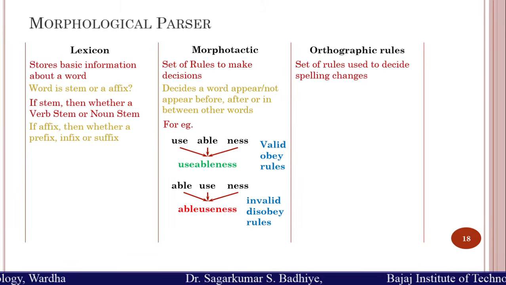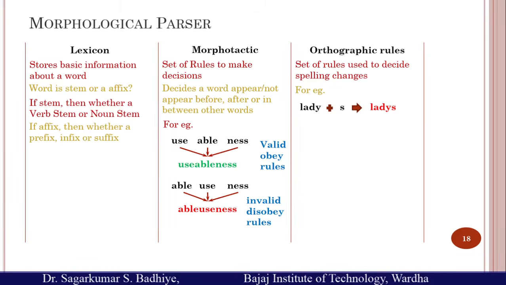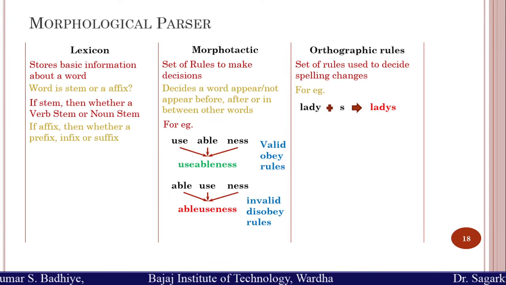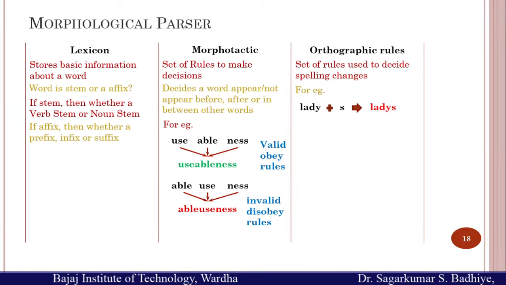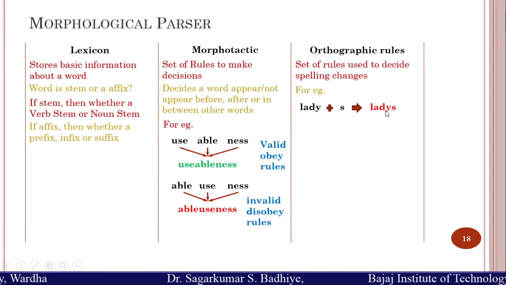in the spelling. There are certain words that change the spelling when converted from one form to another, like lady. When we convert it to plural, it is not just adding s, like lady plus s will give you plural. There is a general rule for plural, but when you convert lady to plural by simply adding s, it would produce ladys.